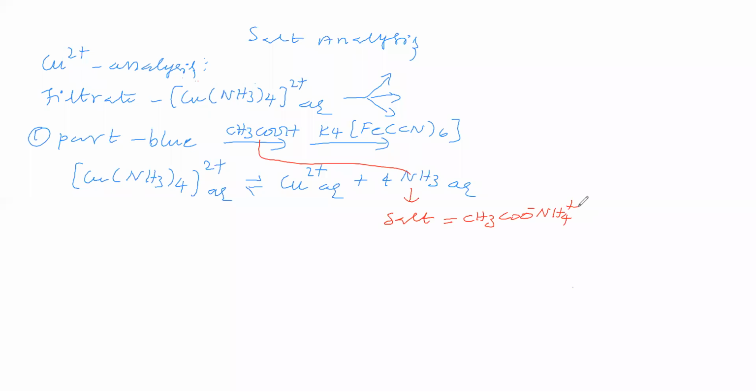This acetic acid reacts with ammonia and gives a salt called ammonium acetate. Due to this acid, the concentration of ammonia decreases. Therefore, the equilibrium shifts to the right side, and the complex converts into free copper ion.